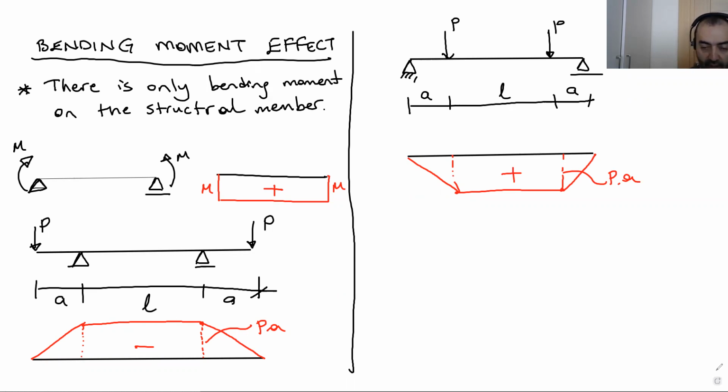Let's have a new page here. Okay. If we have an arbitrary section such as like this, this is the cross section of a structural member.